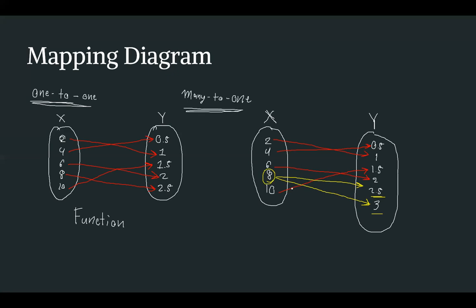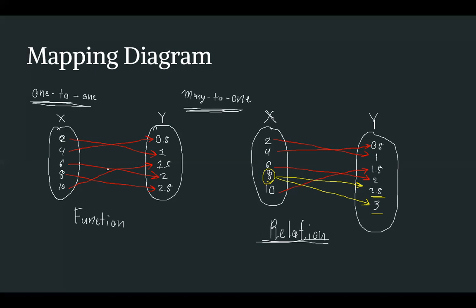However, in this case, this is not one to one, nor is it many to one. It is a one to many diagram. So this is just a relation, not a function. Why is it called a relation? Because it is a one to many diagram.